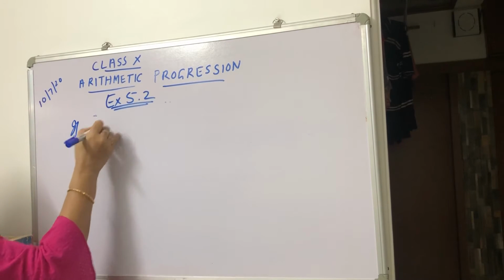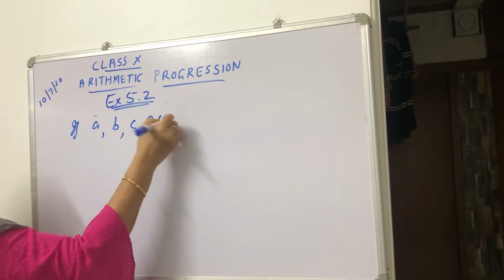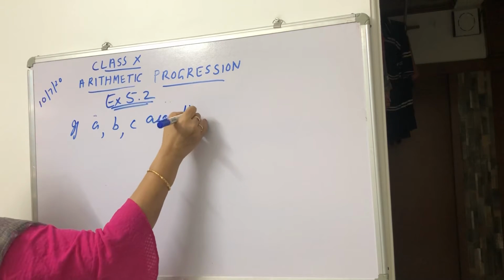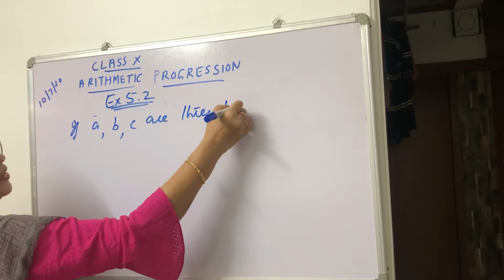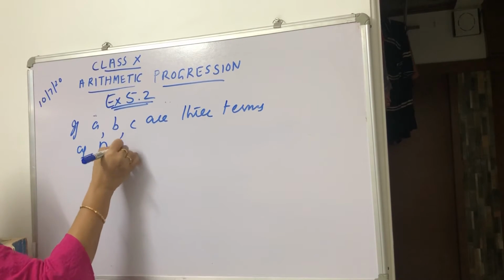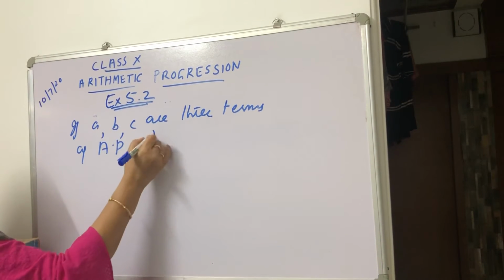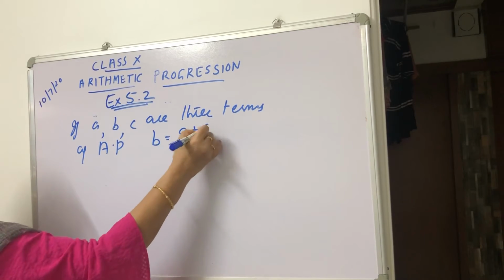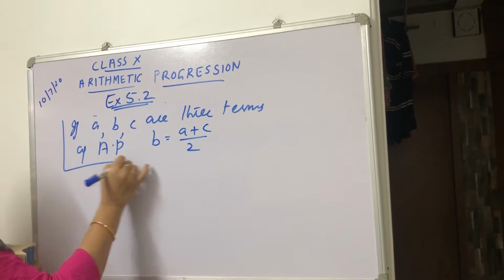If a, b, c are 3 terms of an AP, you will get the middle term as b is equal to (a plus c) by 2. All of you have to learn this.